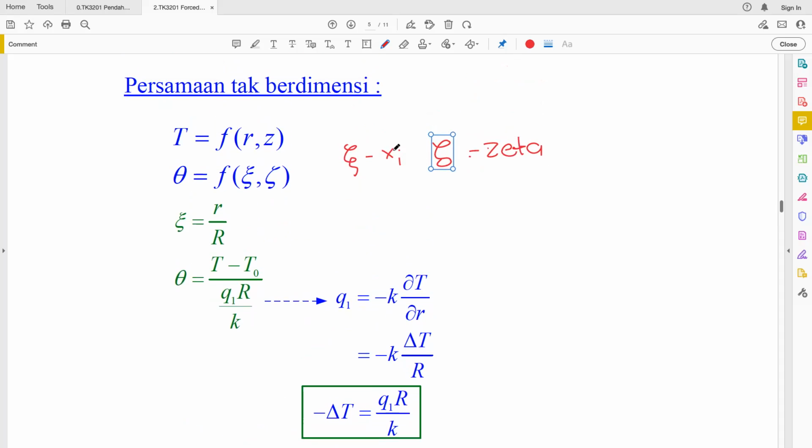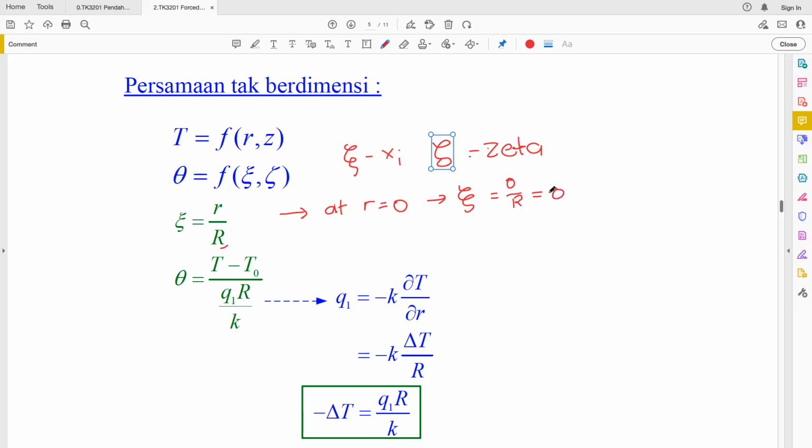Okay, so this one, C. C would be the dimensionless form of radius. So it would be R divided by capital R. So that means at R equal to 0, C becomes 0 divided by R, which is 0.